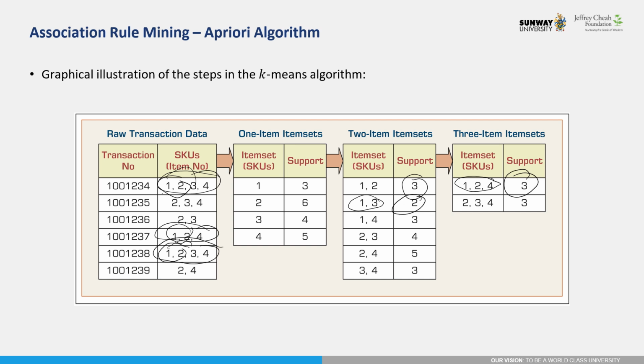You can see which value has more support. For two items, you can see 1 and 2 has three, 1 and 3 has two, 1 and 4 has three, 2 and 3 has four, 3 and 4 has three, right? So you can easily identify that in the three item sets you have only two: 1 2 4 and 2 3 4.